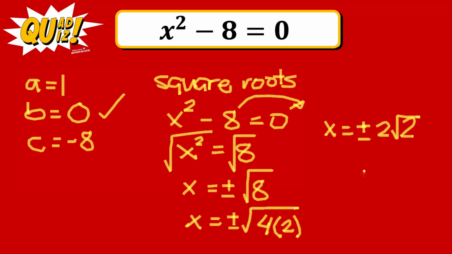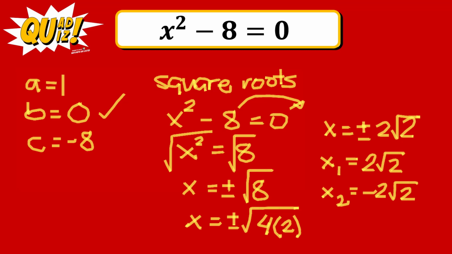So this is now our result. In short, the first root of this equation is positive 2 square root of 2, and the second is negative 2 square root of 2. This is why these are the roots presented earlier.